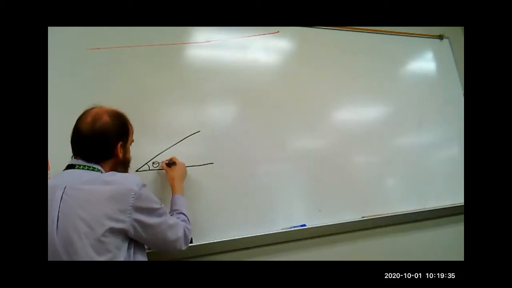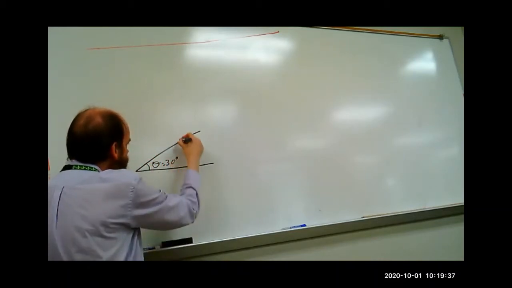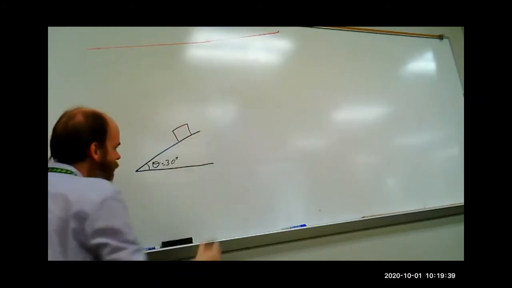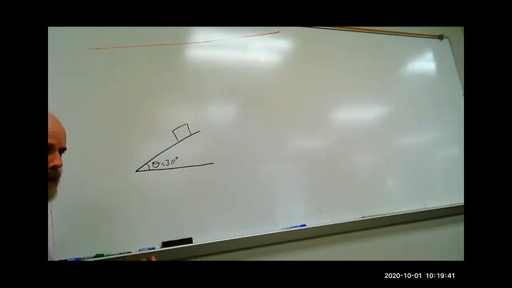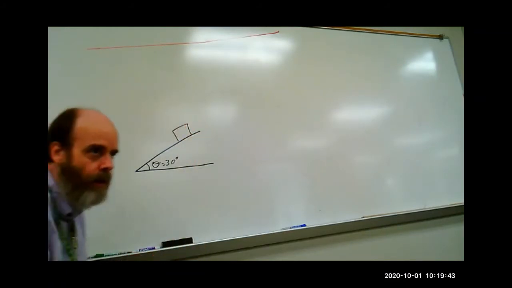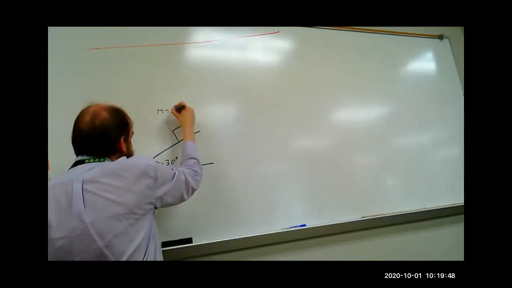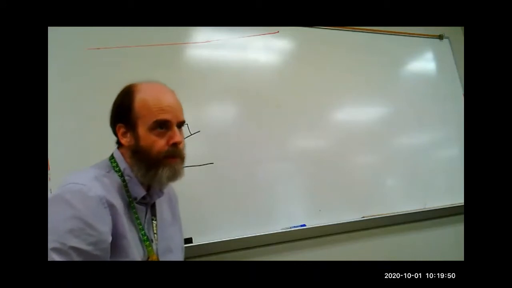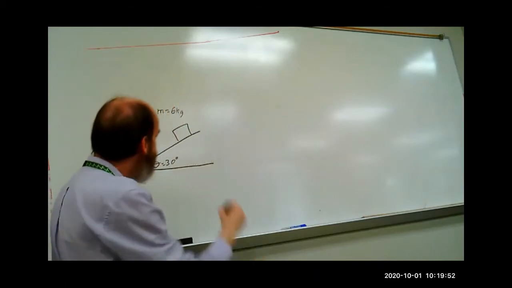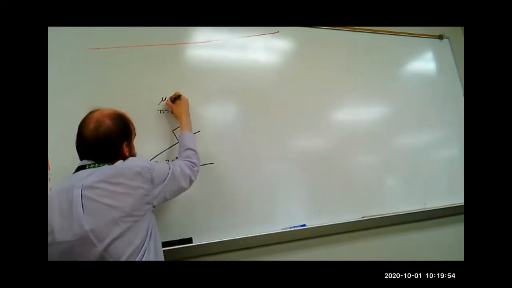This is theta equals 30 degrees. So here's the box of gazelle treats. It's sliding down the ramp. The mass is 6 kilograms. Coefficient of kinetic friction, μk, is 0.3.